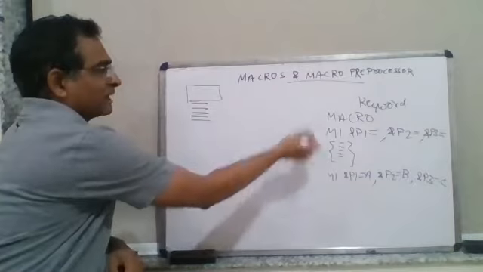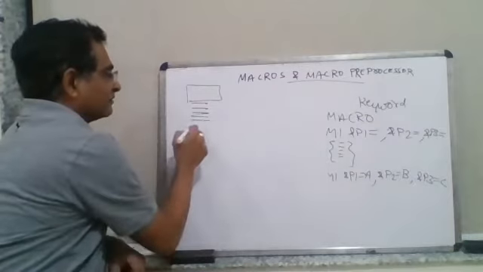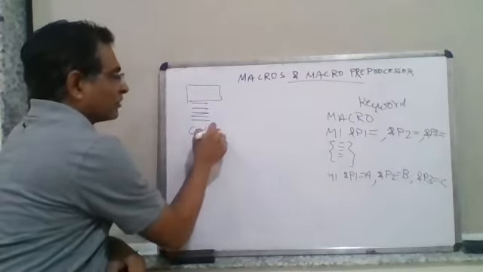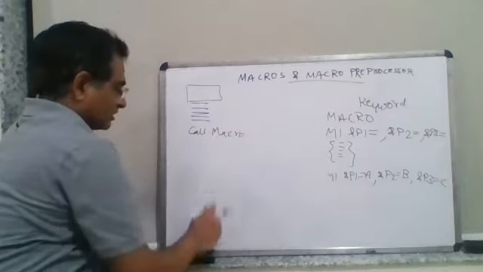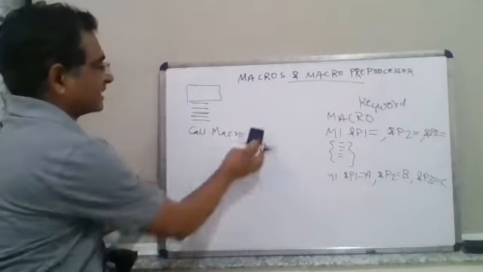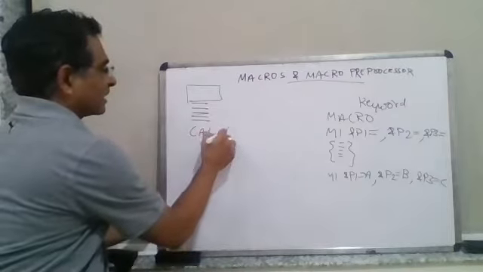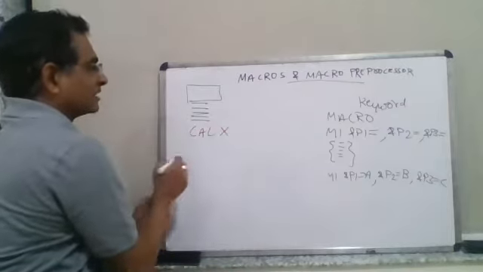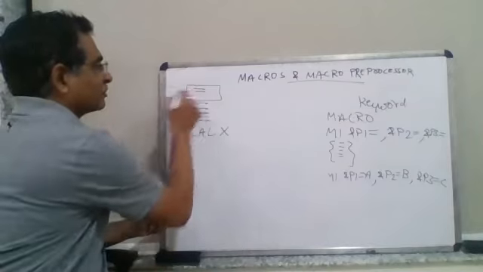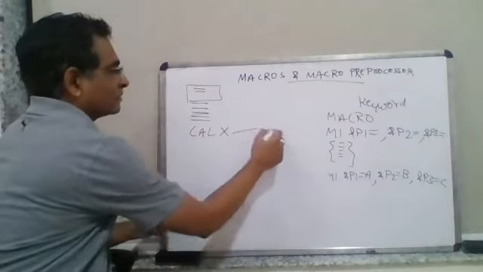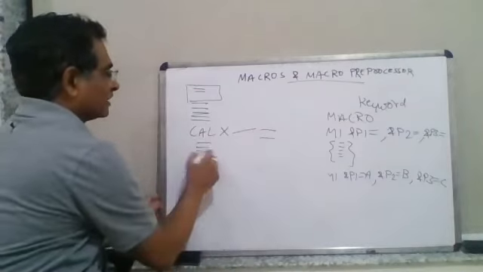Definition in the sense this macro is present here, and whenever you are calling a macro, so if I say here it is CAL. In the previous case, I took the example of CAL X. So this X would be there, which, let's say if there are two statements, will be replaced by two statements, right? And there could be multiple statements which are there, CAL Y. So this will again be replaced, and then we will have multiple statements.